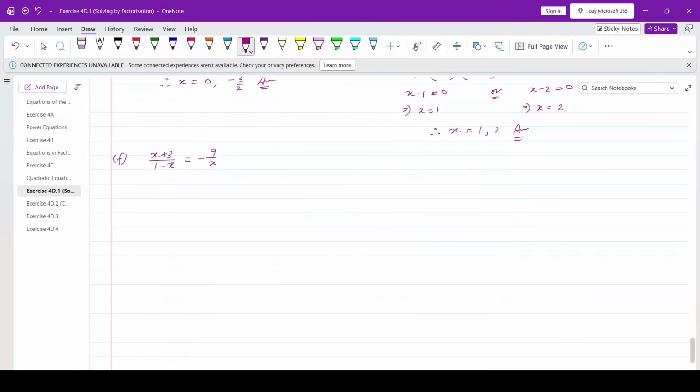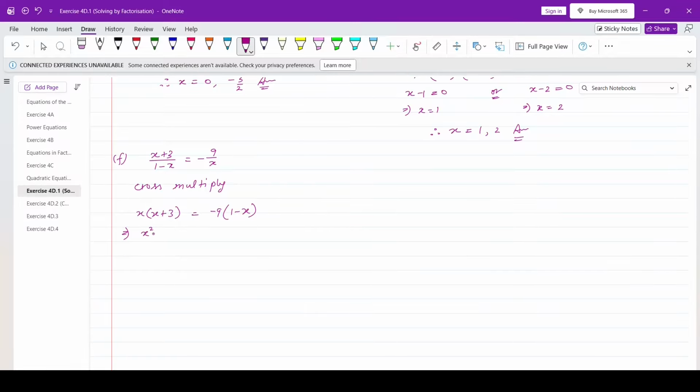x plus 3 divided by 1 minus x is equal to negative 9 divided by x. So, cross multiply. So x times x plus 3 is equal to negative 9 times 1 minus x.